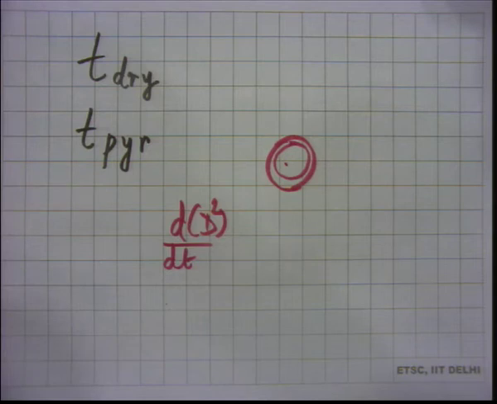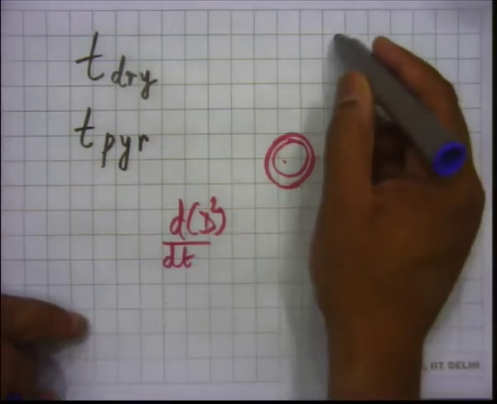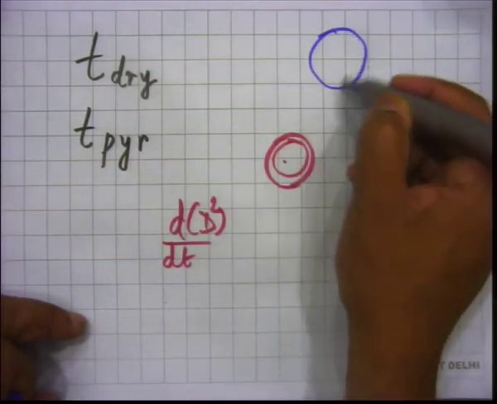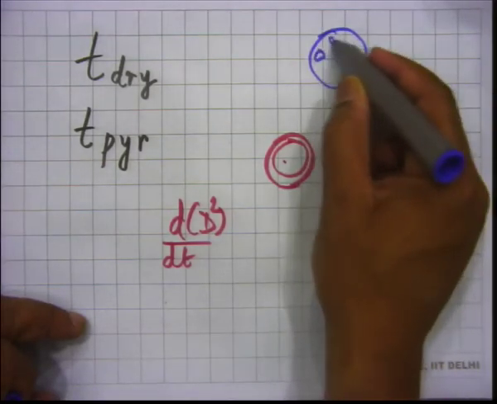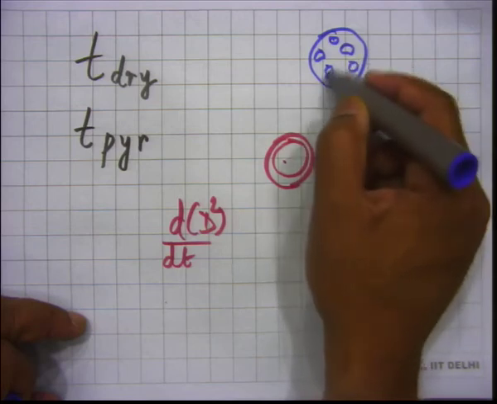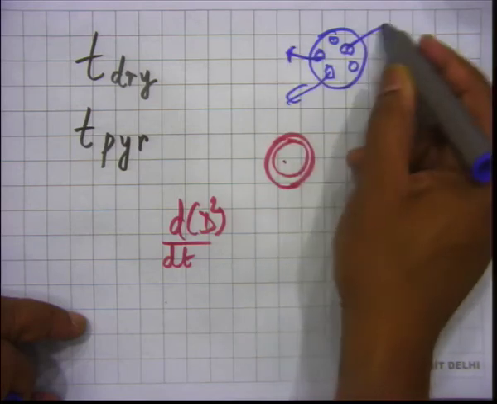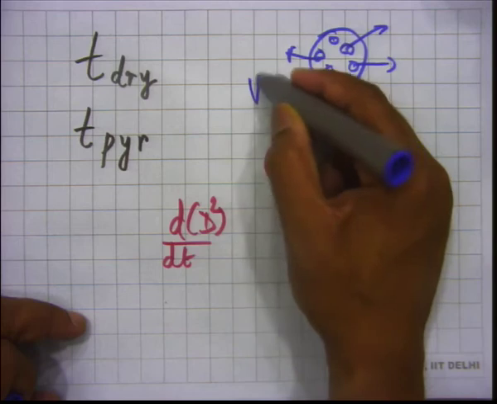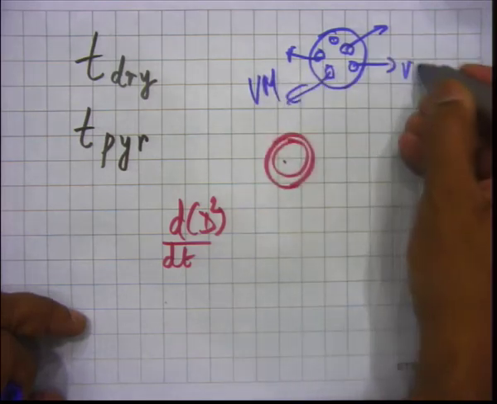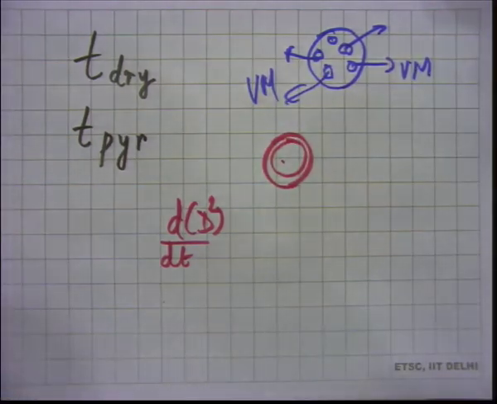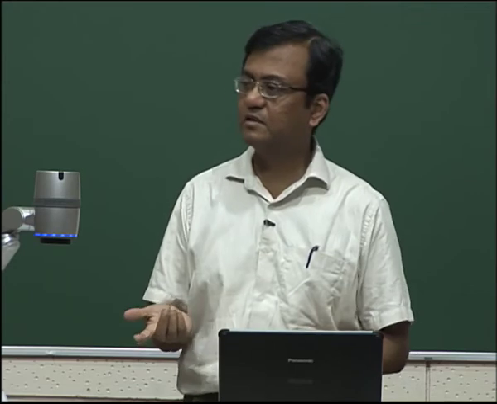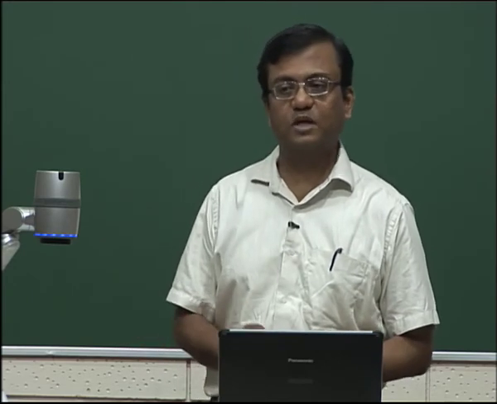But if you have a coal particle, it's more complicated because, even if you say it's spherical, from the interior at different places, it's losing volatile matter. Volatile matter is going out, and as it goes out, it leaves all these pores. And 50% of the weight is gone, so it has become a porous structure.